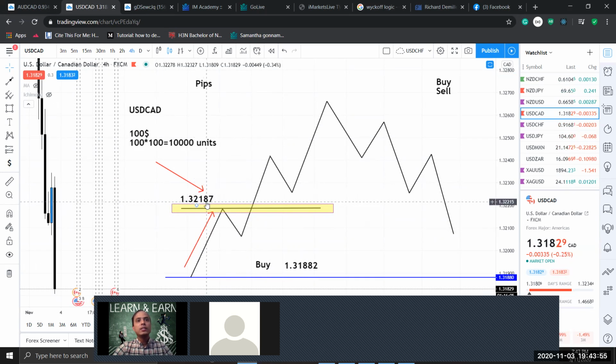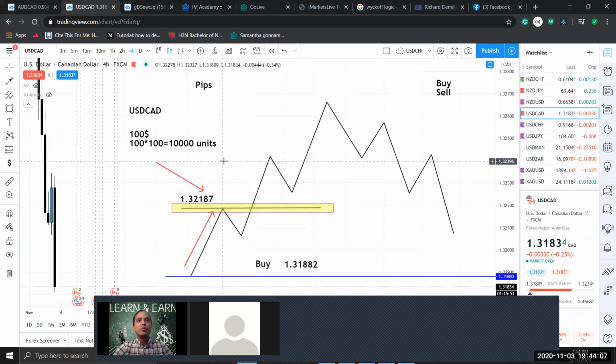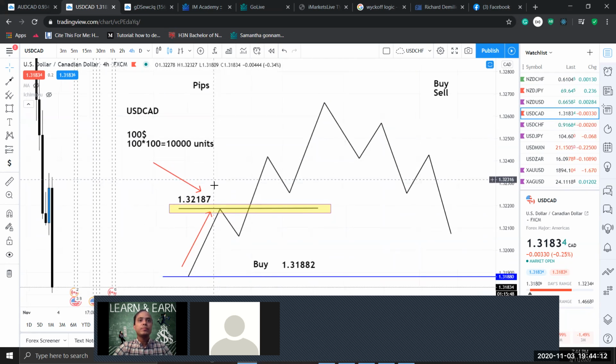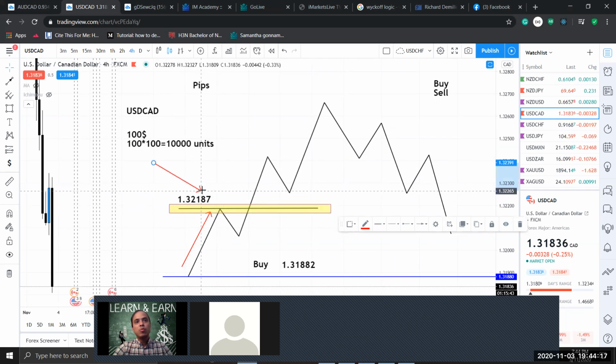Each change that occurs in this fourth decimal point, in all the major pairs except JPY, because for the Japanese yen we have a different way, is a pip. Any movement of the price from this fourth decimal point is calculated as pips.